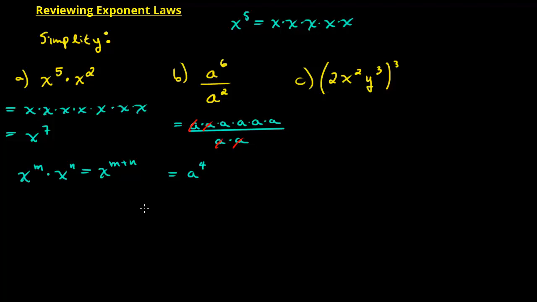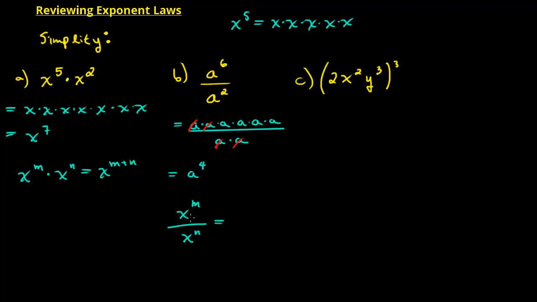Now, something to note here. When I divided a to the power of 6 by a squared, I was basically dividing out 2 factors of a. So how can we generalize this? Well, if I have x to the power of m, that's like having m factors of x, and I can divide out n factors of x.